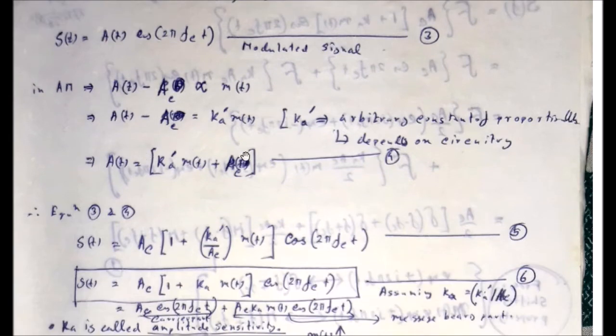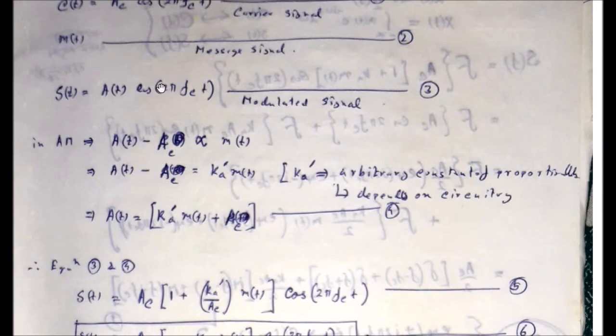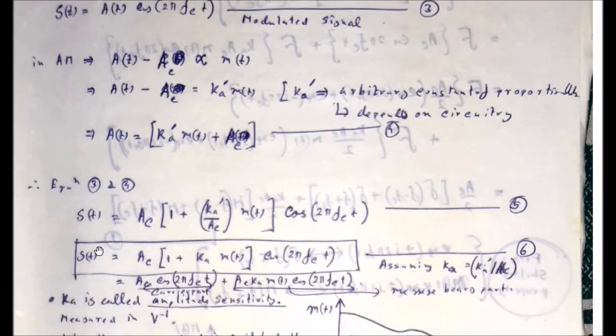Now if you put this equation number 4 into equation number 3, then you will have the expression for the modulated signal of amplitude modulation. S(t) should be equal to, taking A_c common here, A_c times 1 plus Ka dashed by A_c m(t), times cos 2 pi fc t. It is the general form of the amplitude modulated waveform.